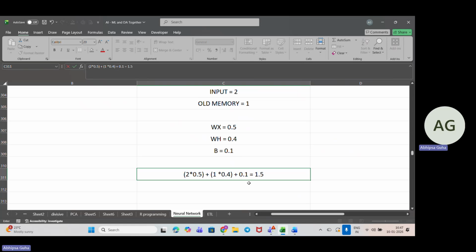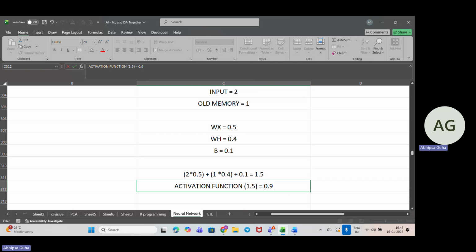Now suppose I am applying tanh. So tanh keeps the values very small. After applying the activation function over this value of 1.5, let's suppose I have got the value as 0.9. Now this memory goes to the next step.